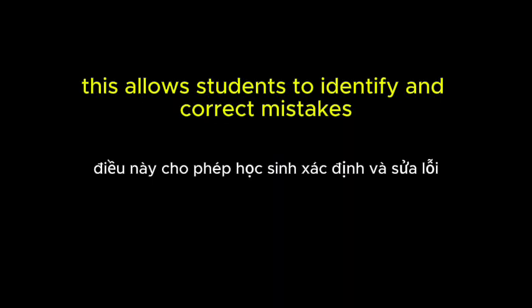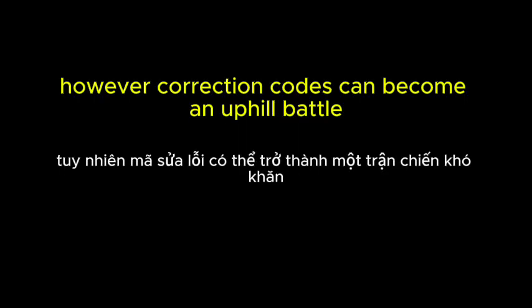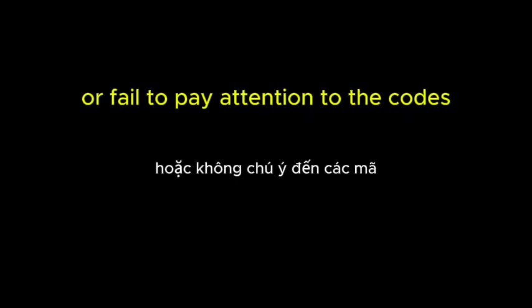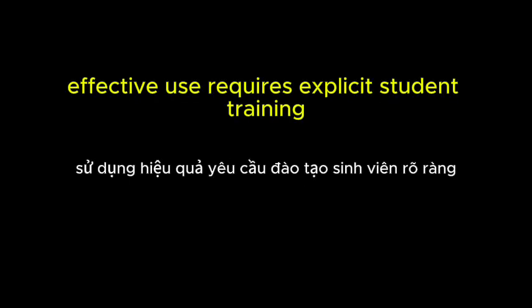This allows students to identify and correct mistakes themselves. However, correction codes can become an uphill battle when students do not understand the grammatical concepts or fail to pay attention to the codes. For this reason, effective use requires explicit student training.